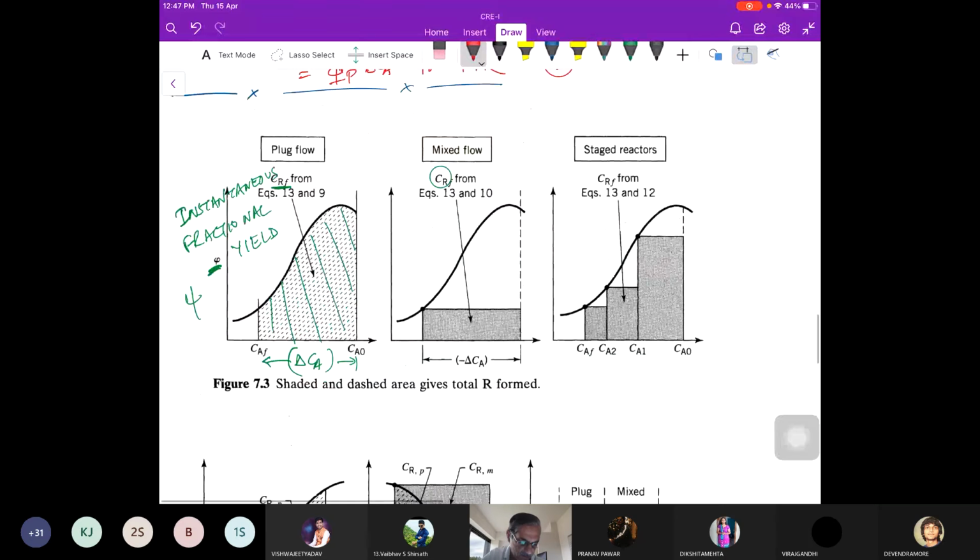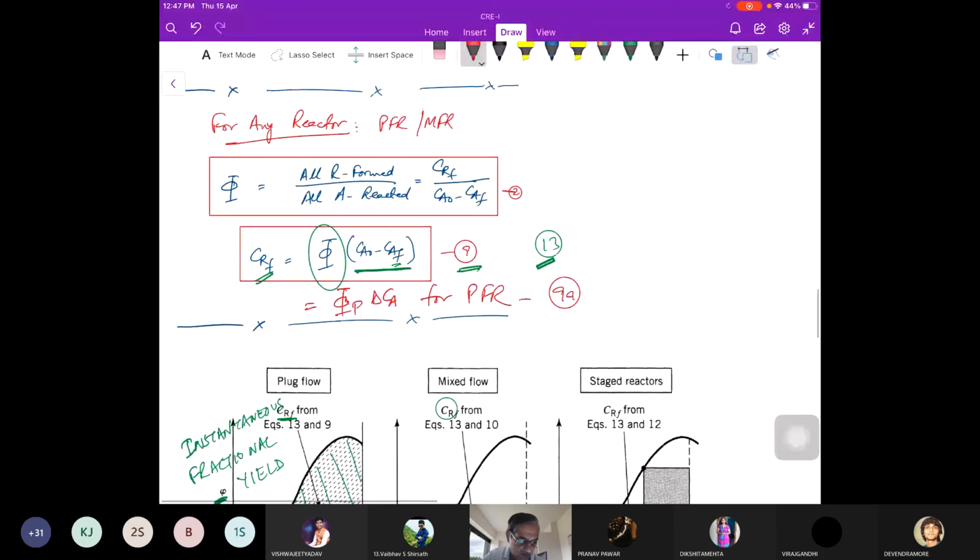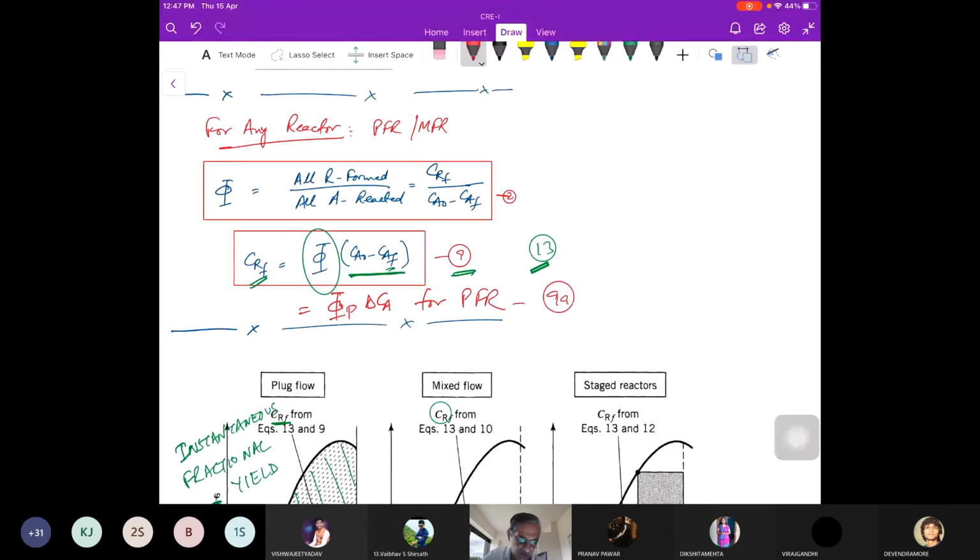This CF value and this CA0 value. So at this point, this psi value, and what you'll get for all reactors is this. For the mixed flow reactor, it will be written as CRF is equal to psi into delta CA.